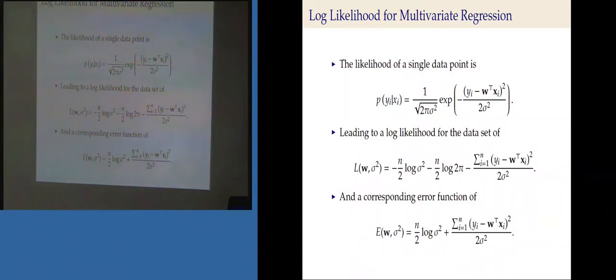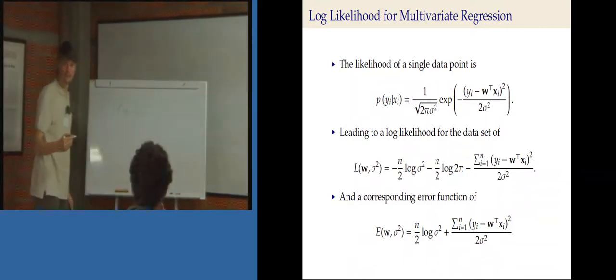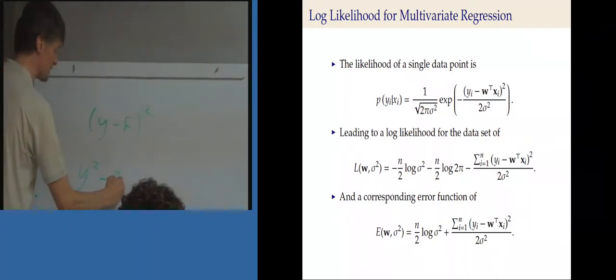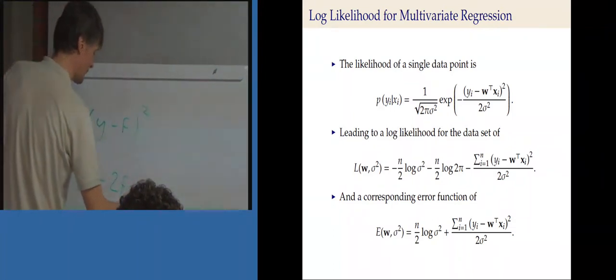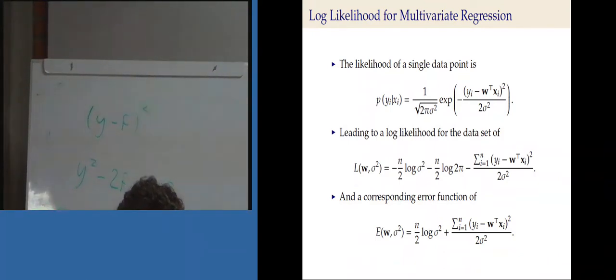So I'll write it as y minus f. I'm going to leave off the sum. There's really a sum in front of it as well. Y minus f squared, yeah? So if we expand the quadratic in this way, y squared minus 2fy plus f squared. Yeah, everyone agree? That's all I've done on the next slide.